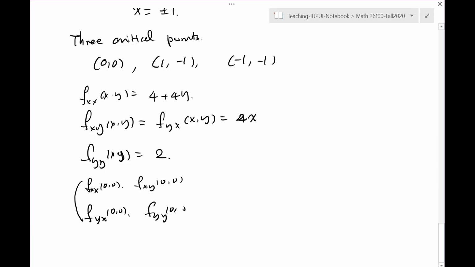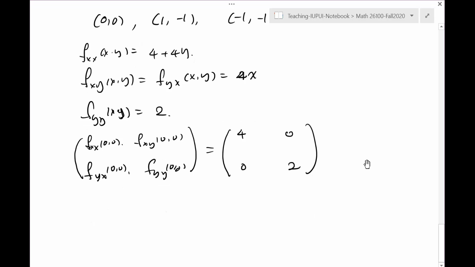Okay. If you took Math 171, you should know what that is, right? So when y is 0 and when x is 0, that is 2. So this is a positive definite matrix. Okay, so that's the first case.